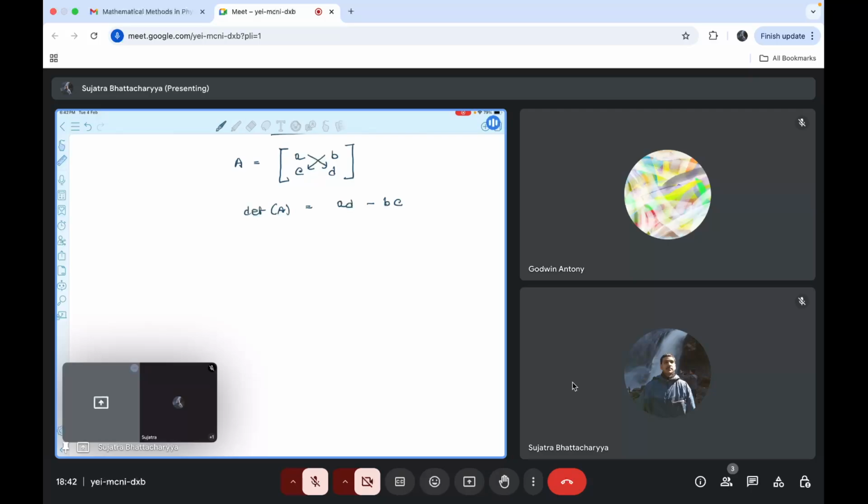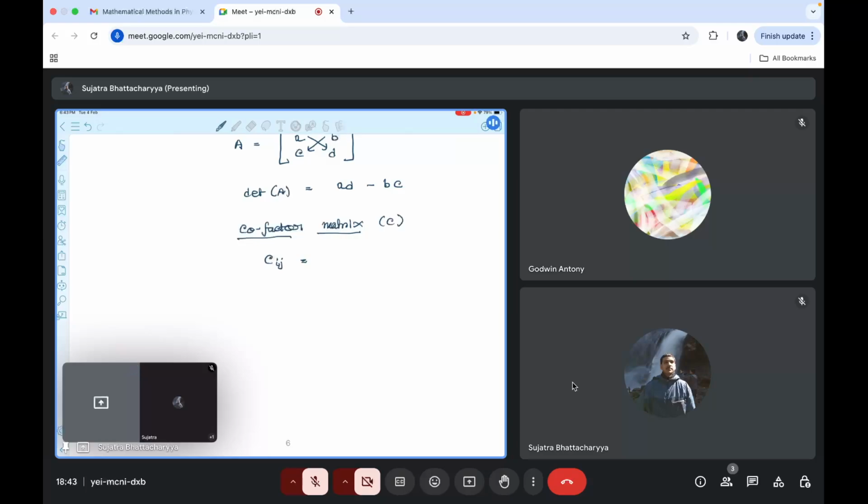Now, another important thing is that with the determinant comes the cofactor. So, what is the cofactor? Cofactor is also a matrix, and it is generally written as C with entries Cij. The C is the cofactor matrix.